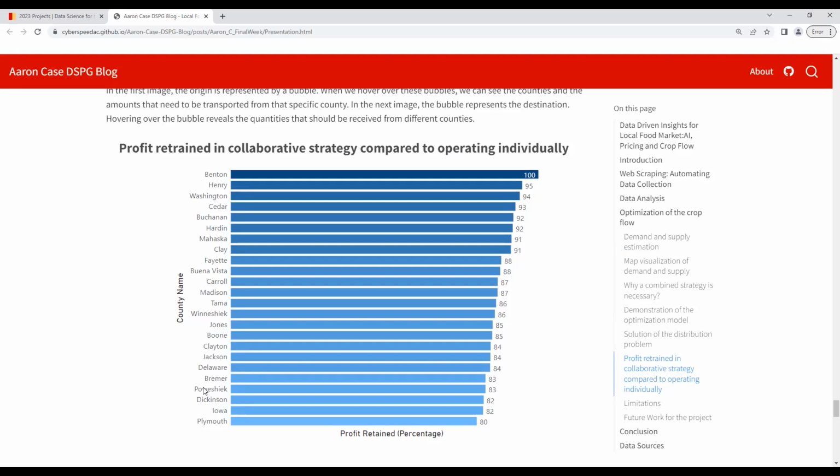And these numbers vary from 80% to 100%. These numbers show whether the farmers are going to accept the combined strategy, or whether we should change the strategy a little bit so that they get a similar number in place.